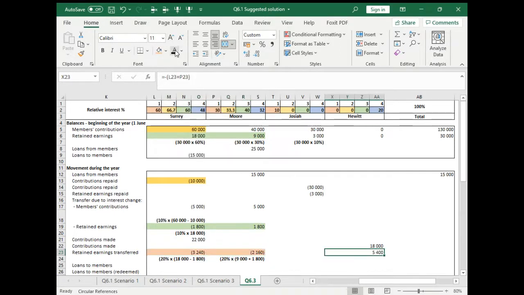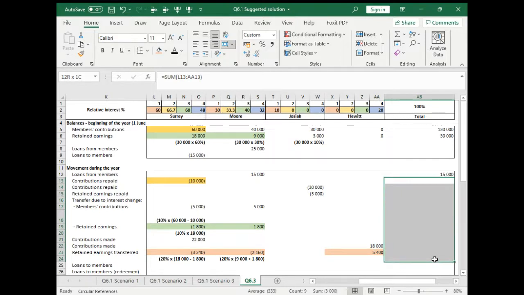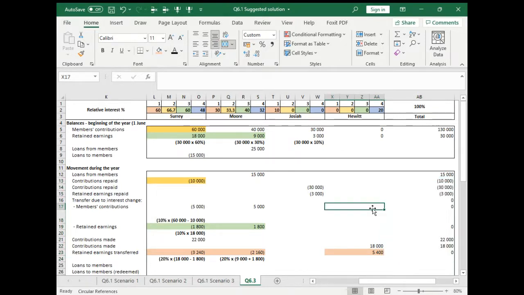We'll tie up to what we allocate to Hewitt, which is the 5,400 Rand. Okay, so that's how you distribute it between the members. Okay, everyone okay up to this stage? You still fine?